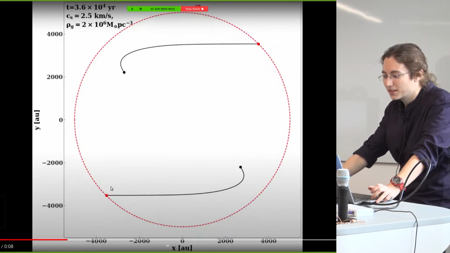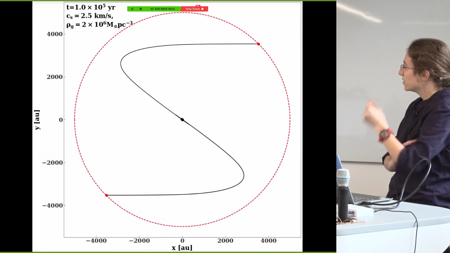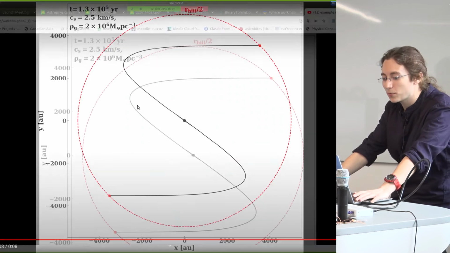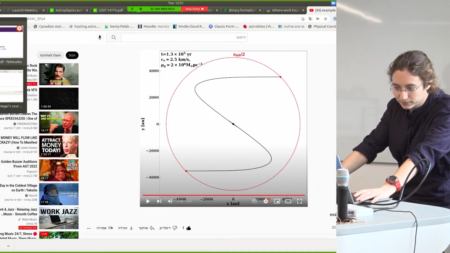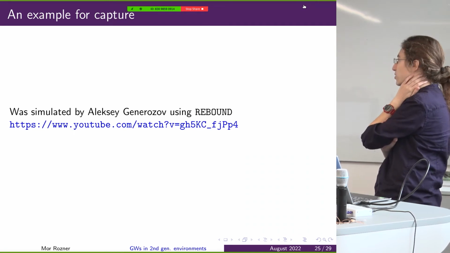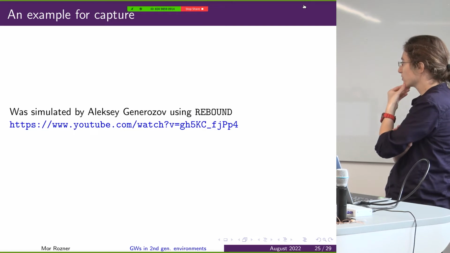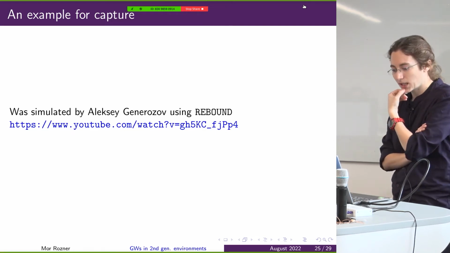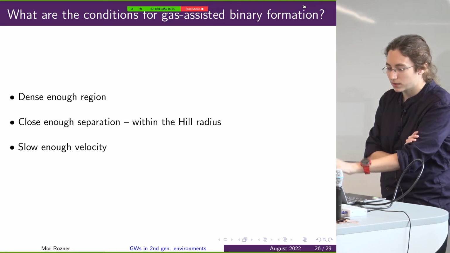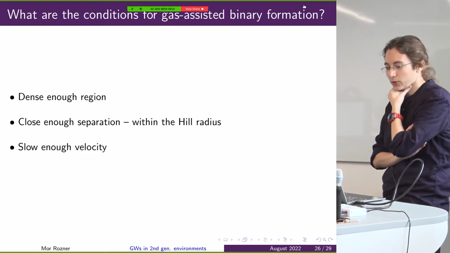So that's a way practically to form binaries. Alexei ran several N-body simulations of two bodies plus gas to try and understand what will happen in captures in globular clusters, for example. And I did the calculation I will show you in a minute.